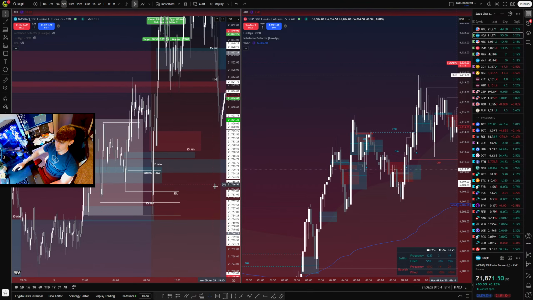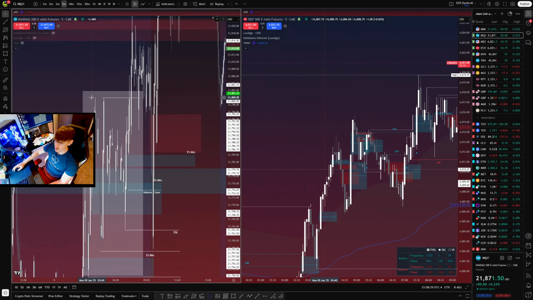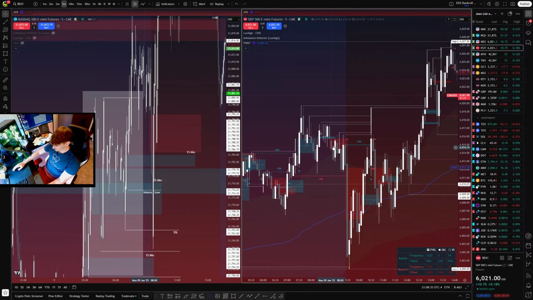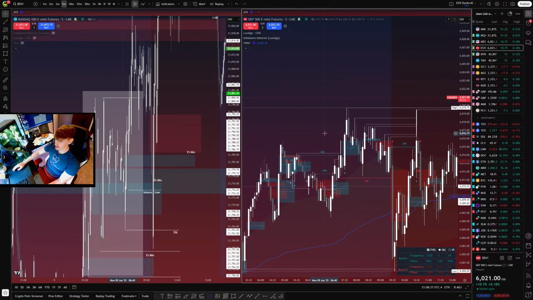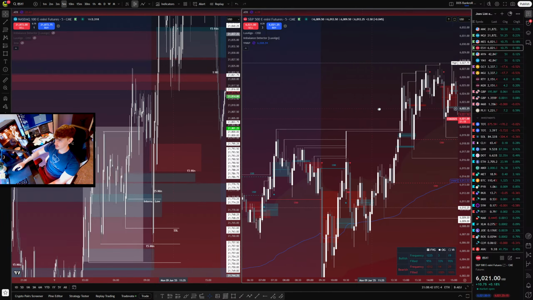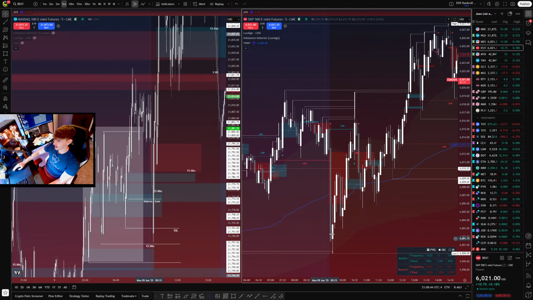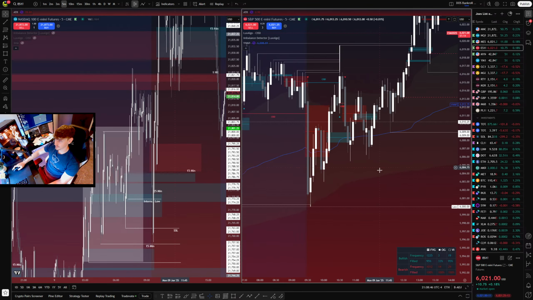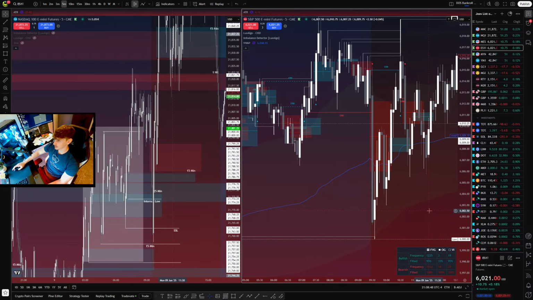This high was taken by this high. This high wasn't, or it was equal. It was close. So we had a bearish SMT, and then price, after getting that bearish SMT, grabbed this high up here, and then just chopped off, came down, and then we reacted off this 5-minute because he took his shorts on this 5-minute here.